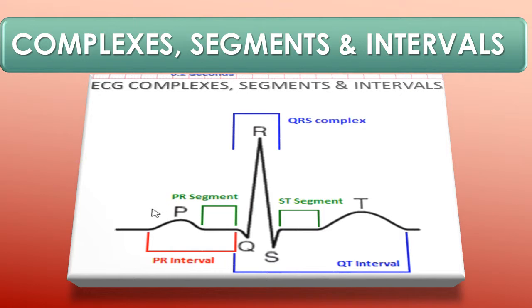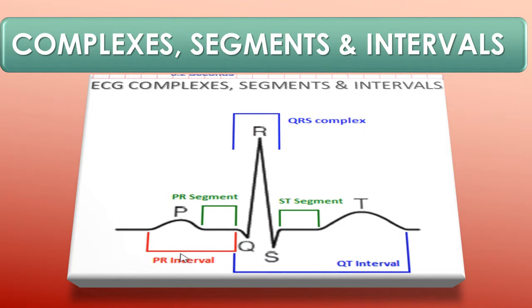Let's talk about the PR interval here. The PR interval is from the beginning of a P wave to the end of the PR segment. It represents the time required for atrial depolarization. Normally, it is 0.12 to 0.20 seconds.